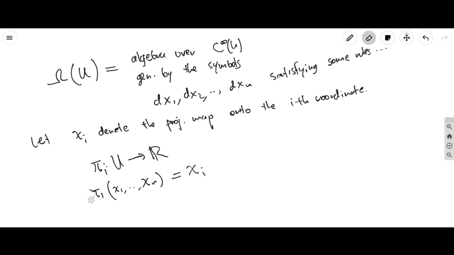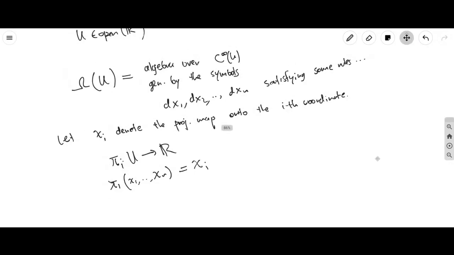But often, as is the case, we get sloppy in mathematics, and the formula for the function that we're using is the function. So if you have the coordinates of a point, then the function is the one that just extracts the ith coordinate that you see. So this is the projection function.